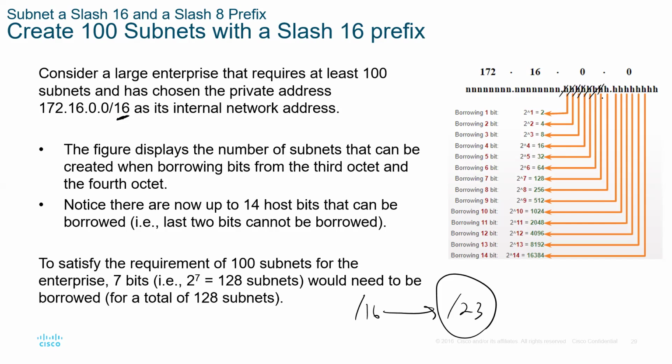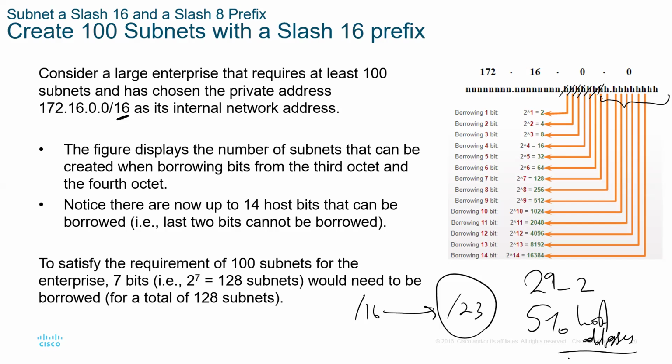I'm left with 9 bits for the host. 2 to the power of 9 minus 2 gives us 510. It gives me a total of 510 host addresses.